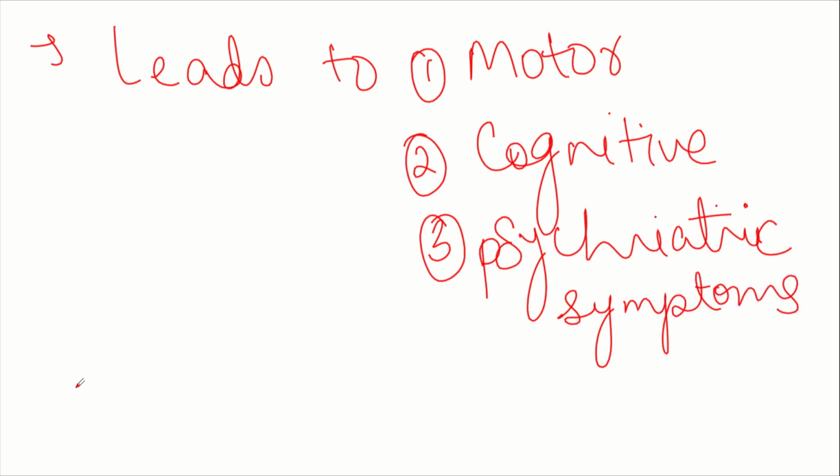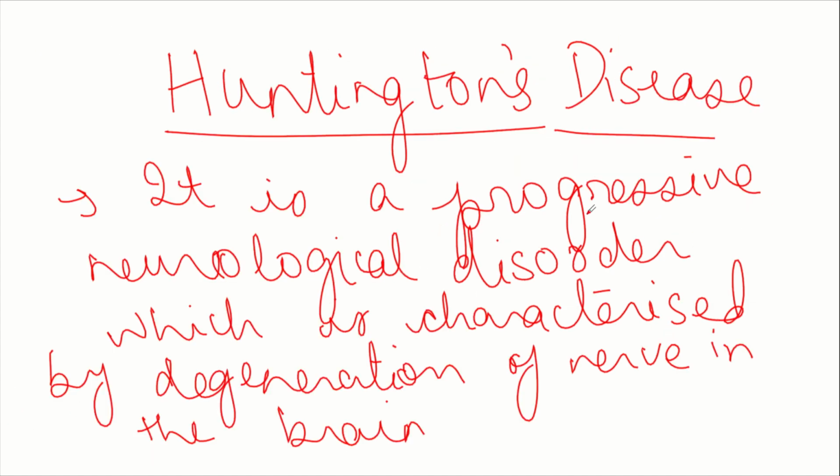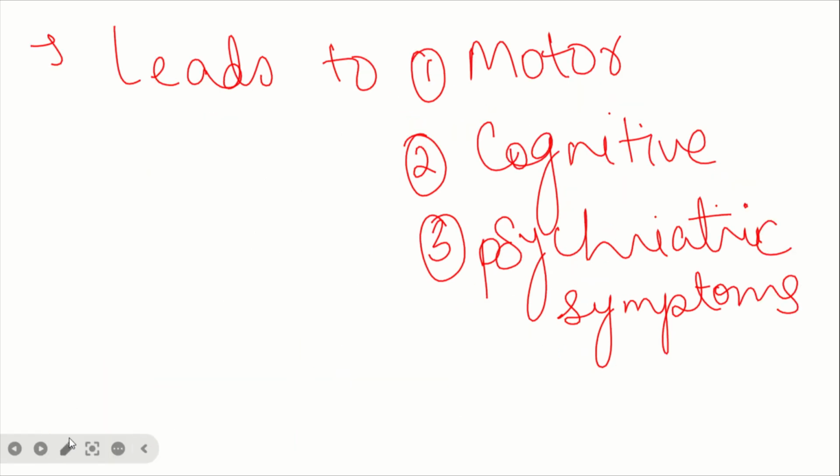Okay, so Huntington disease, we came to know that it is a progressive neurological disorder characterized by degeneration of nerve in the brain and which leads to motor, cognitive, and psychiatric symptoms.